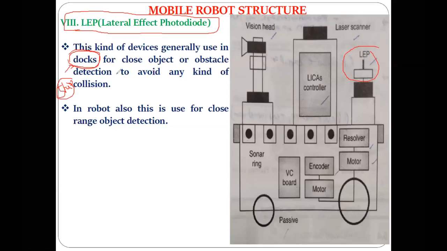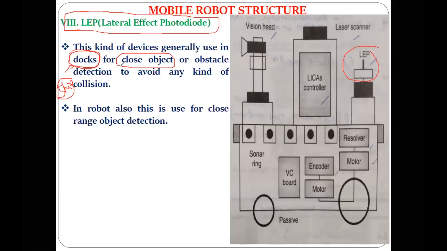So in the ship, this kind of device is generally utilized. For what purpose? For detecting close objects, meaning objects which are very close to the ship, which can also be considered an obstacle.